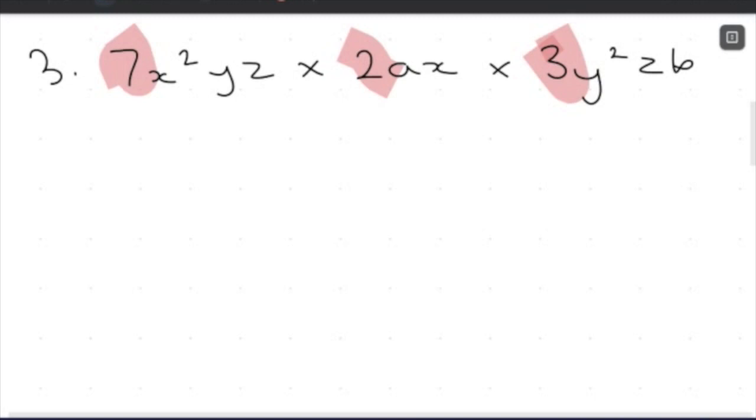And we can treat these as just any number, but the patterns for multiplying numbers work in the exact same way. So 7 times 2, that gives me 14.